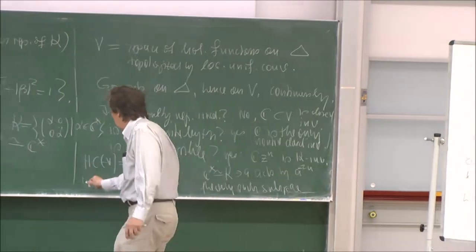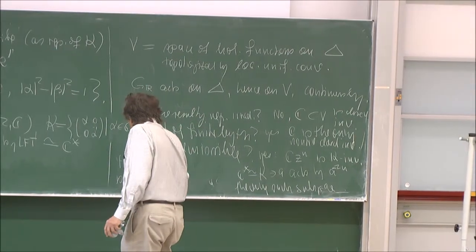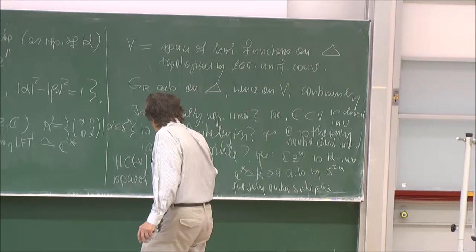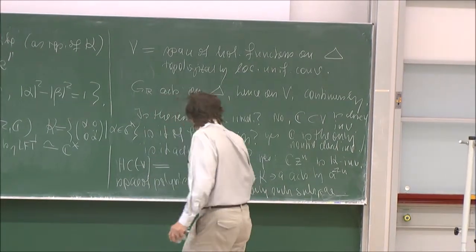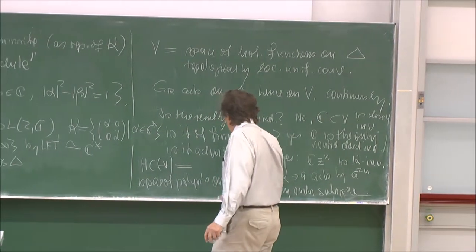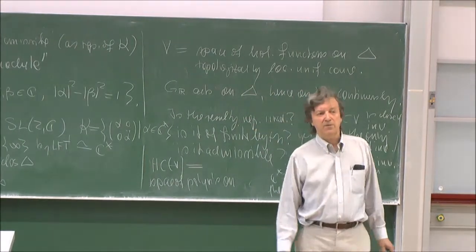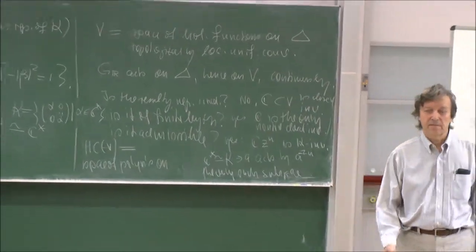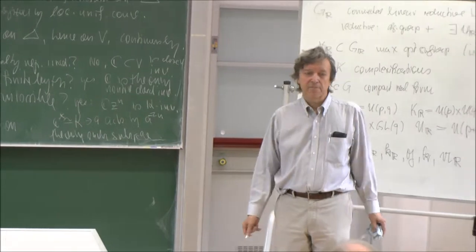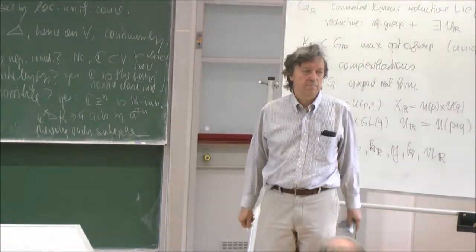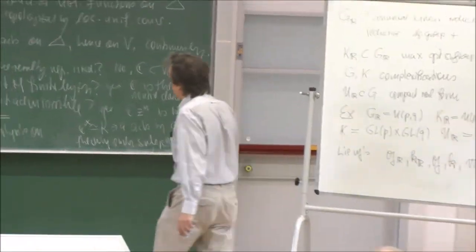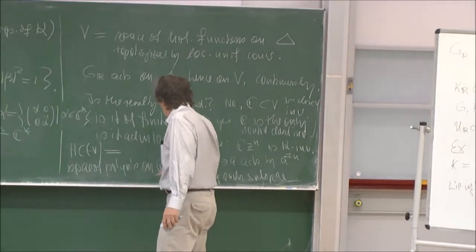So this is the space of polynomials. Where? Well, I should think of it as a space on the unit disk, and polynomials make sense on all of C. So the space of polynomial functions.